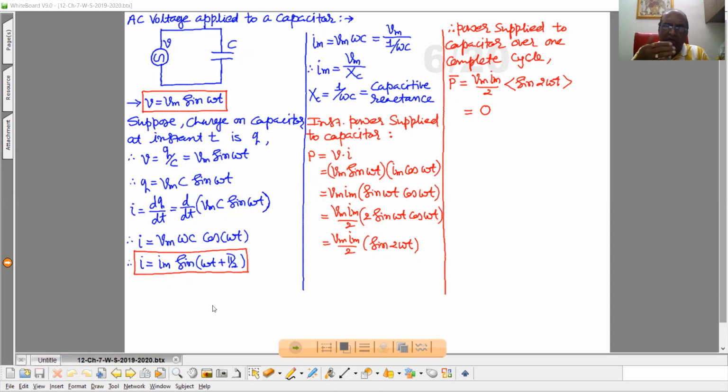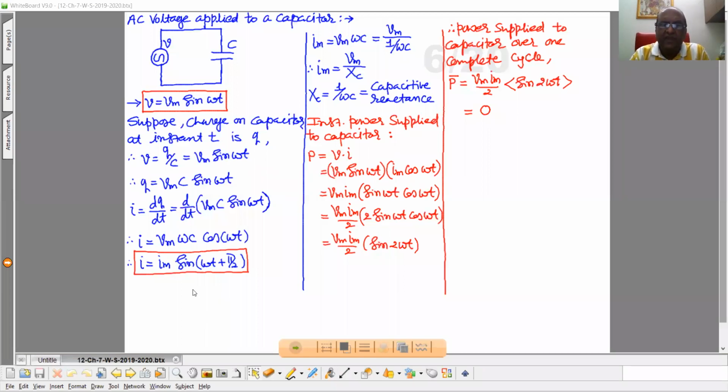So here we can observe that in case of a capacitor connected with AC voltage, the current leads the voltage by pi by 2, or in other words we can say the voltage lags behind in phase by pi by 2 with respect to current.